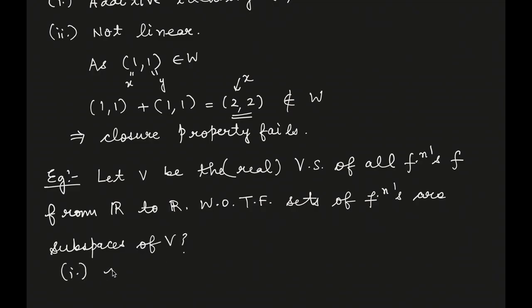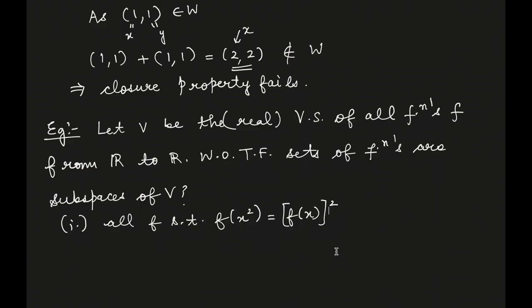First part, all f such that f(x square) is equal to f(x) square. Now here, if I apply that theorem, then it will be better, no?